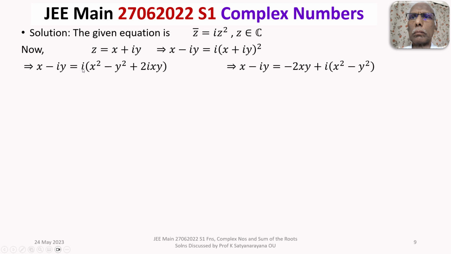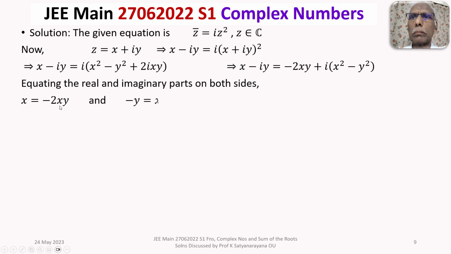Now i multiplied by 2ixy will be minus 2xy, that's the real part. The imaginary part is i times (x square minus y square). Two complex numbers are equal if and only if the real part is equal to the real part and the imaginary part is equal to the imaginary part. So equating the real and imaginary parts on both sides, we get x is equal to minus 2xy, and minus y is equal to x square minus y square.